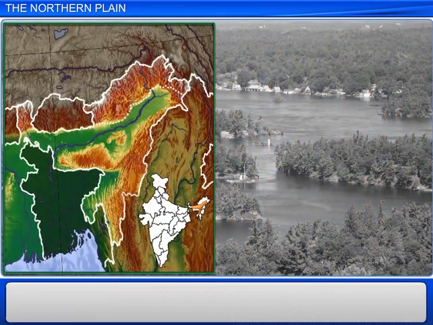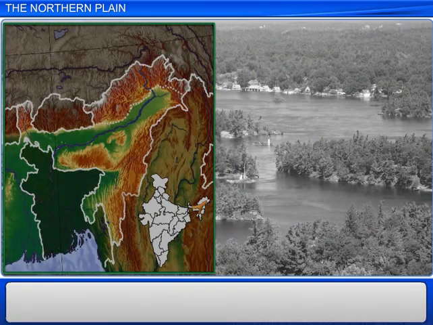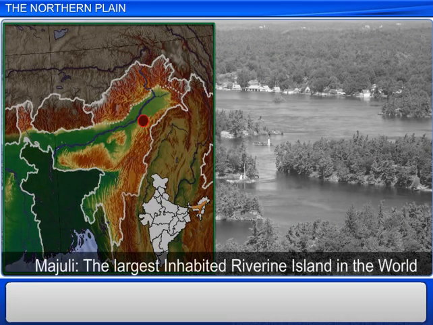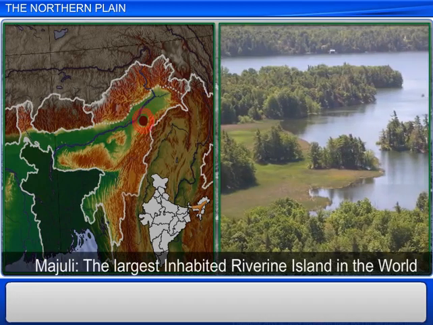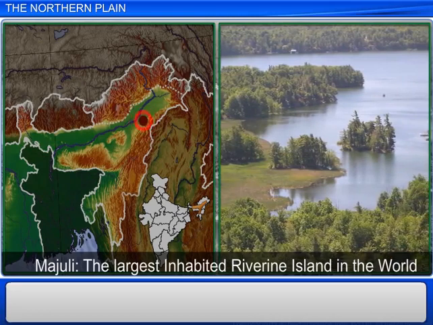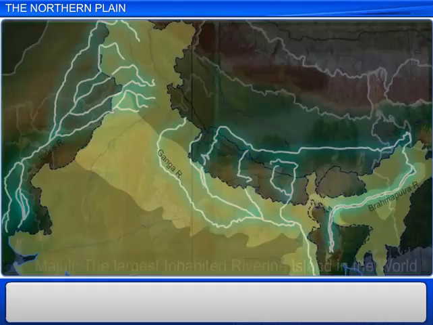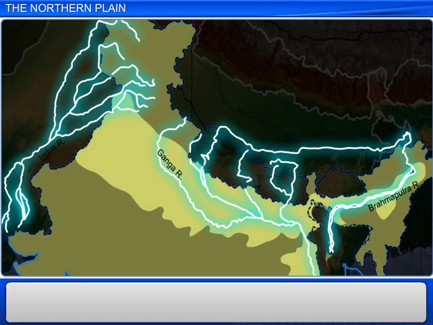For example, in the Brahmaputra river flowing through Assam lies an island called Majuli. This island is famed to be the largest inhabited riverine island in the world. The speed of the rivers reduces further as they go downstream.